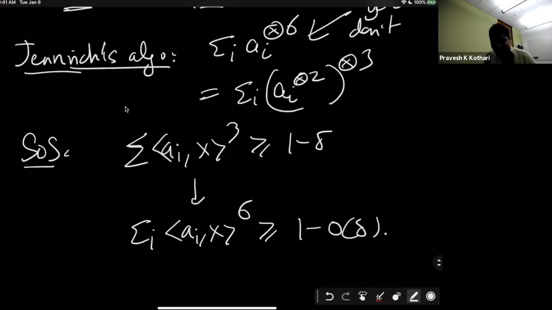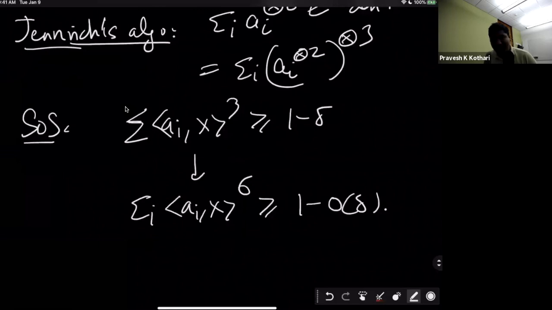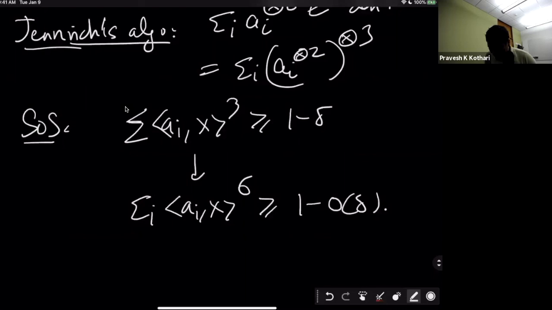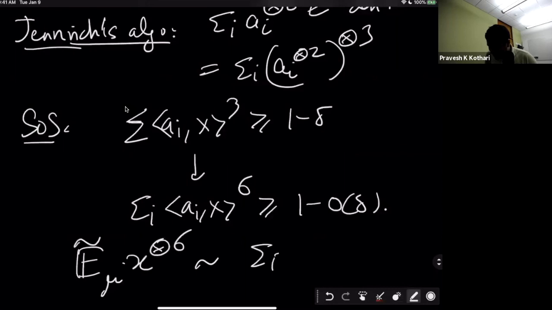It turns out that from here on, you can view the pseudo distribution that satisfies this inequality. If you look at the moment tensor of this, then you can actually view it, with some ideas, as simply the 6th powers of the original components.